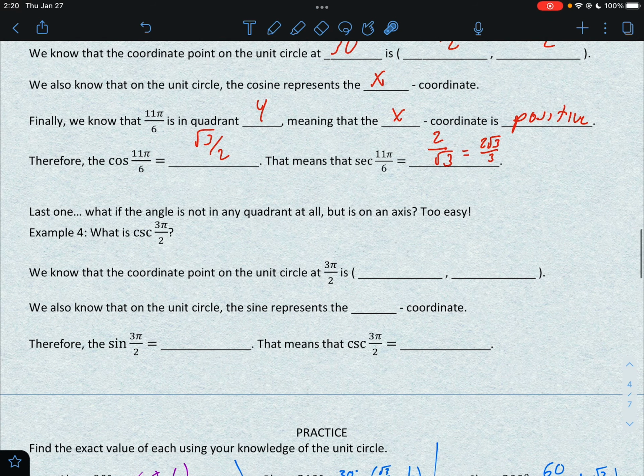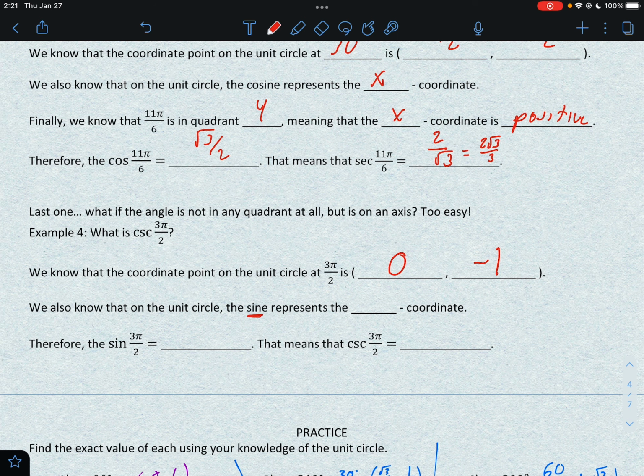All right, one more. What if it's not in the quadrants, but in fact on an axis? All right, so cosecant of 3 pi over 2. 3 pi over 2 is at the bottom of the unit circle. So we know that point is 0, -1. Cosecant is the reciprocal of sine.